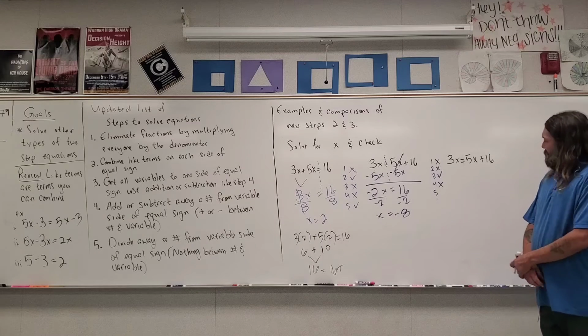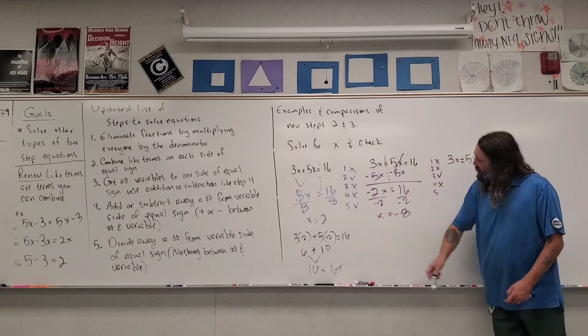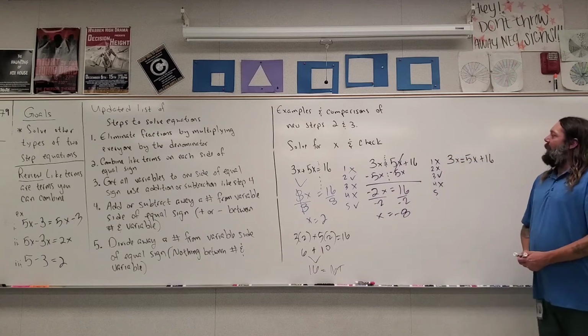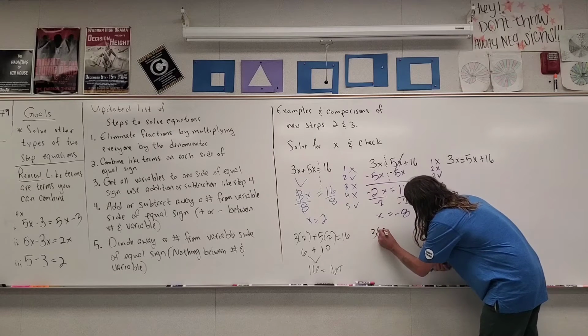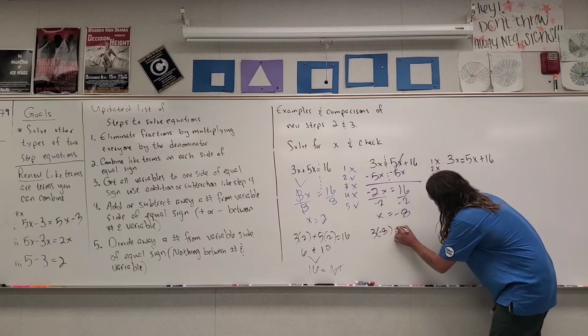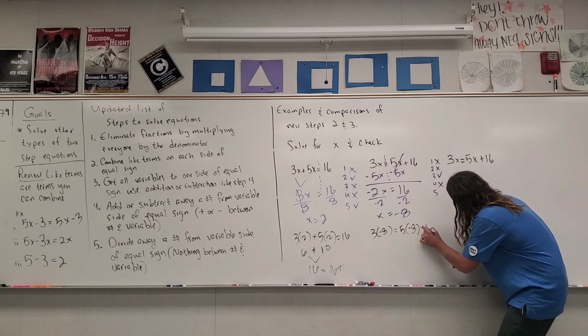But let's go ahead and check this now. Again, everywhere that I have an x, I'm going to replace it with a parenthesis, and I'm going to drop in a negative 8. So here I have 3 negative 8s. Is that equal to 5 negative 8s, plus 16?